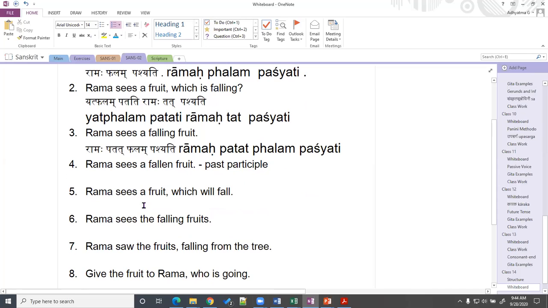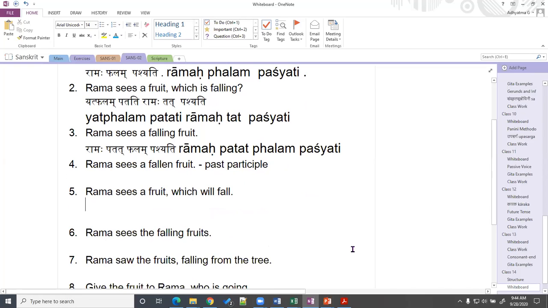Now look at this one. Rama sees a fruit which will fall. So if I make the Sanskrit translation: Yat phalam patishyati, the fruit which will fall, Ramaha tat pashyati.